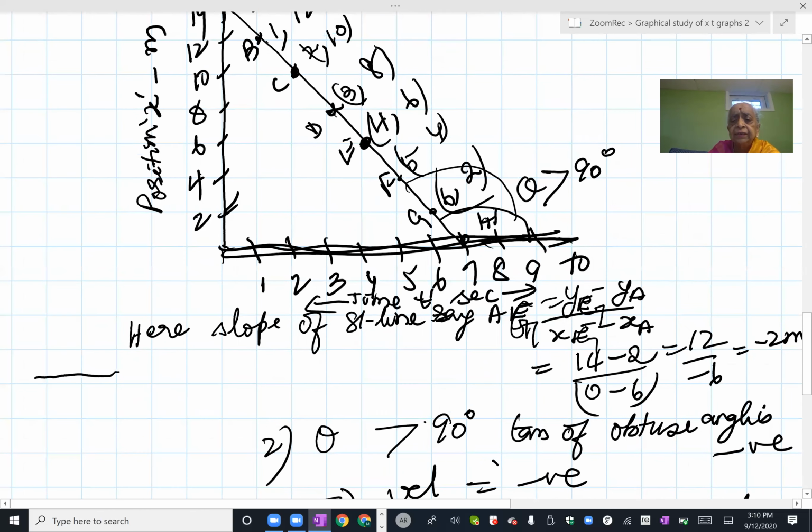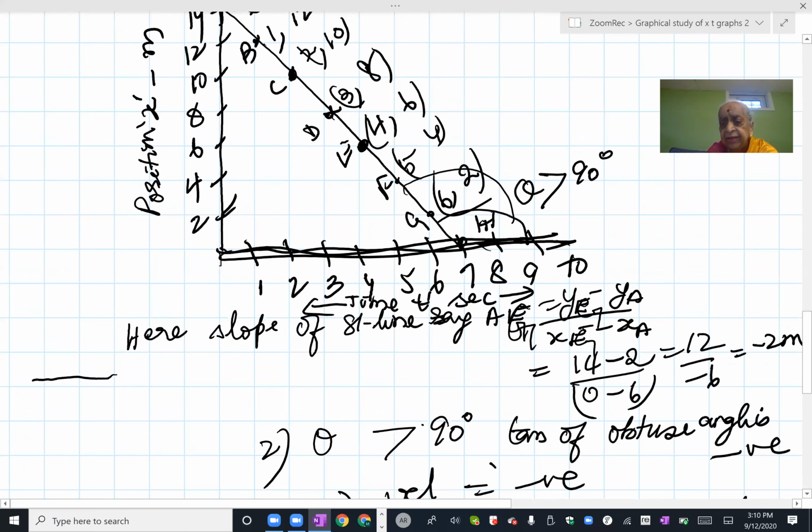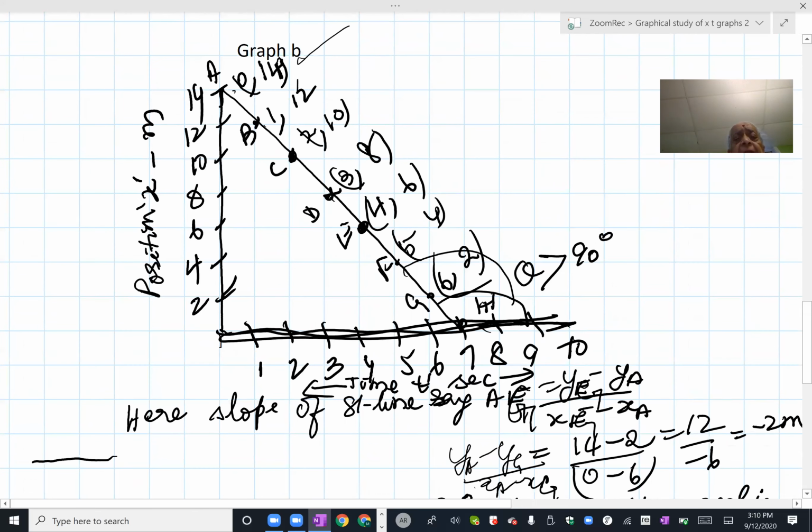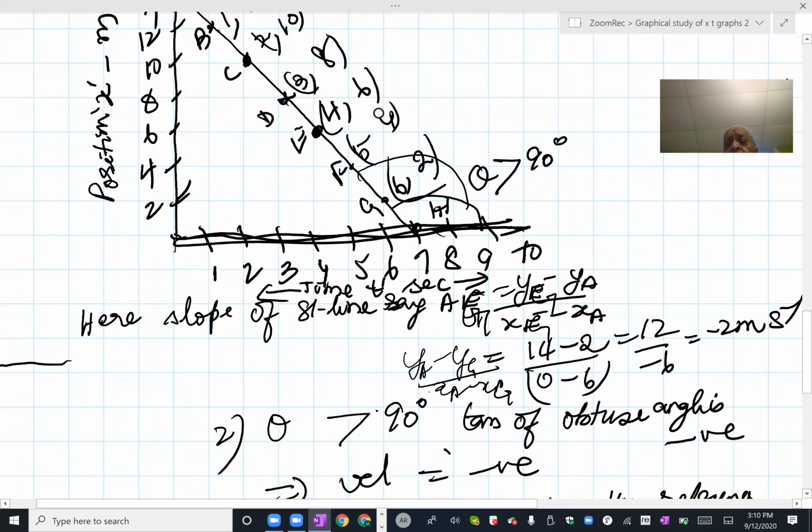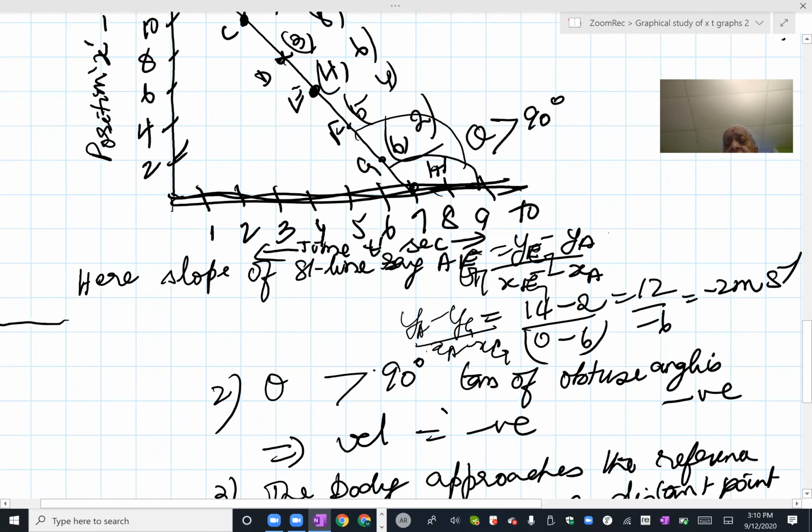You can also write YA minus YG by XA minus XG. The same 2 points you have to consider. YA is 14, minus the Y coordinate of G, which is 2.